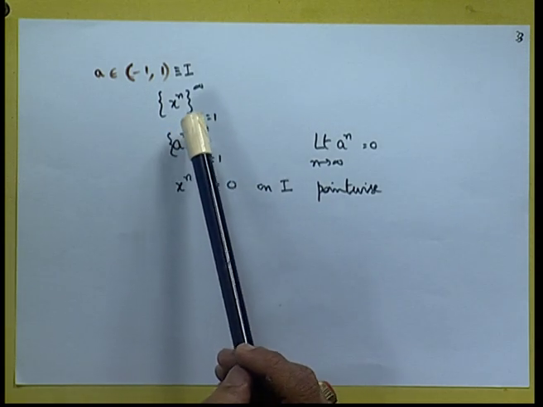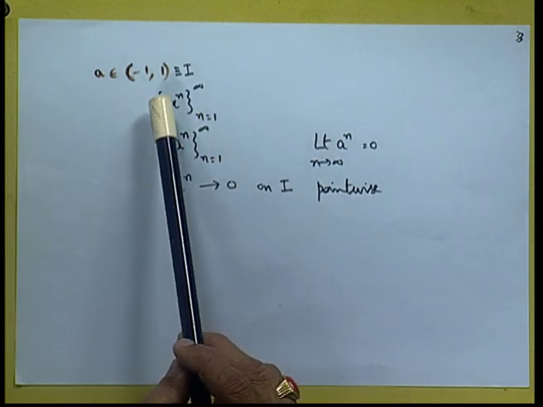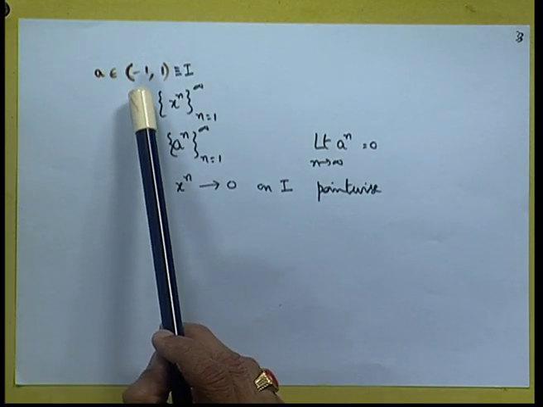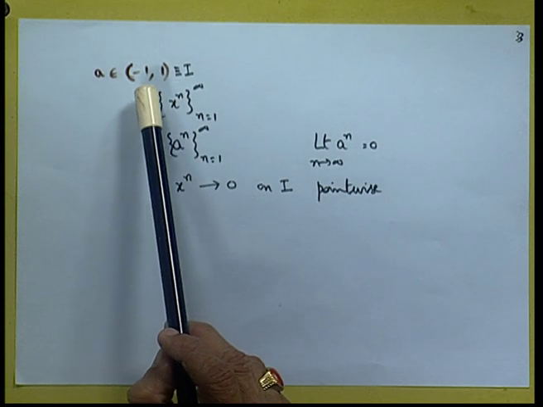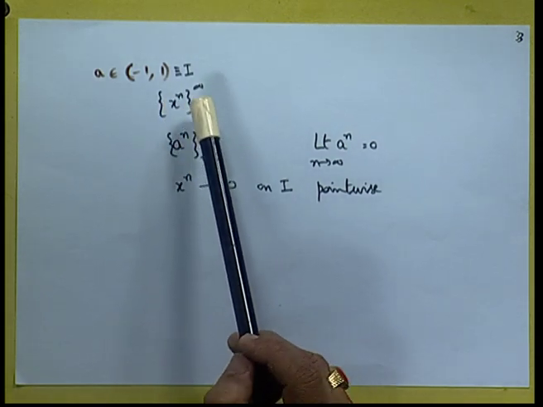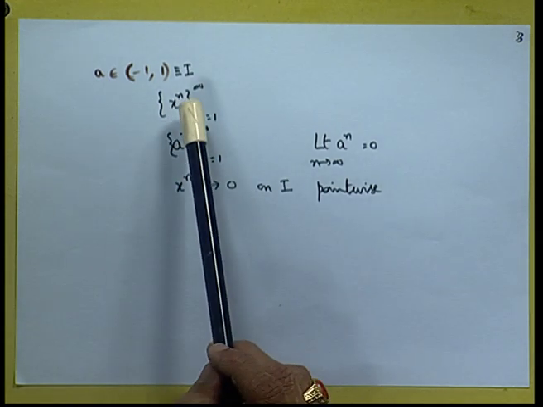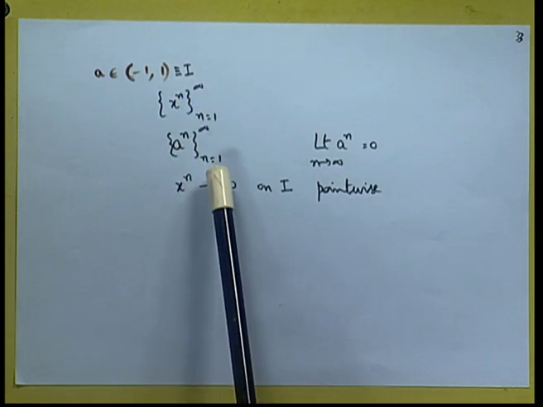Then if we take a particular value a from the open interval minus 1 to 1, that is, a is greater than minus 1 and less than 1, I am concentrating on the corresponding sequence. Substituting x equal to a, I get a power n, n equal to 1 to infinity.